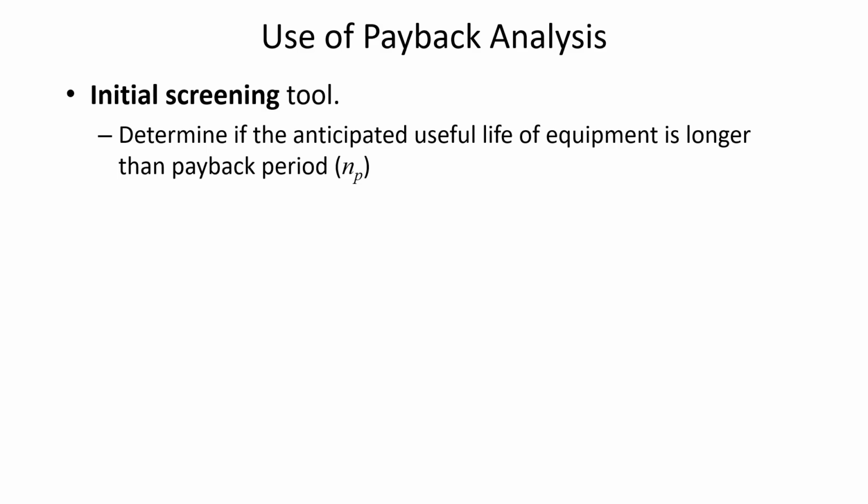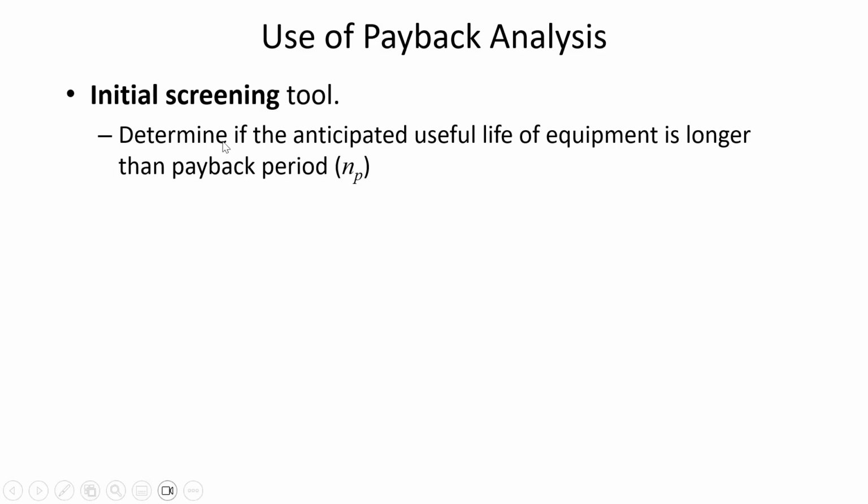And for the most part, payback analysis is the same way. It's best used for initial screening to determine whether an option is suitable or not suitable. But unless there are very specific circumstances, you can't use payback analysis to know which item is the best. You can only use it to know whether the alternatives are acceptable.